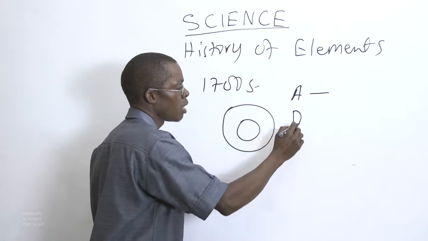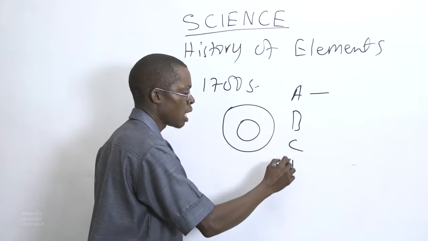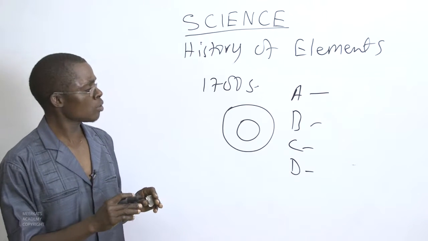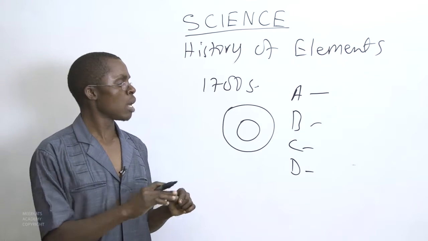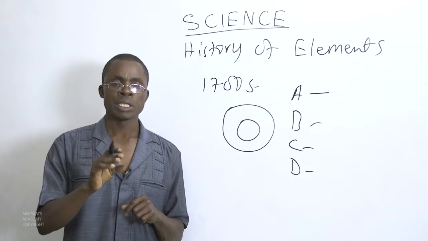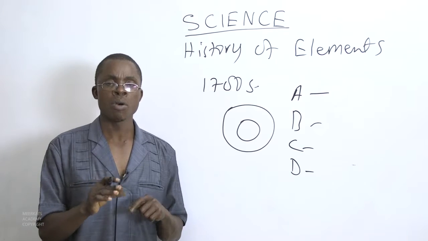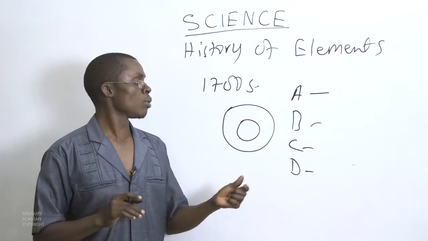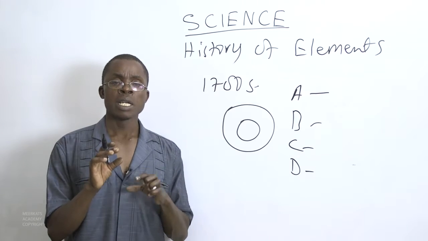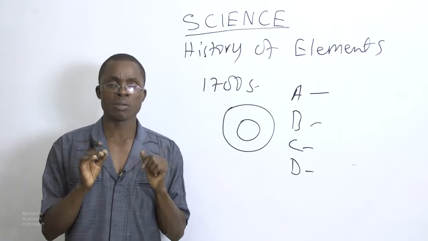We shall also have a B, a C, a D of the same. Then they had to look for a way to arrange these elements in a particular systematic, agreeable manner, which was very helpful, because in the arrangement they discovered that there were some spaces being left.